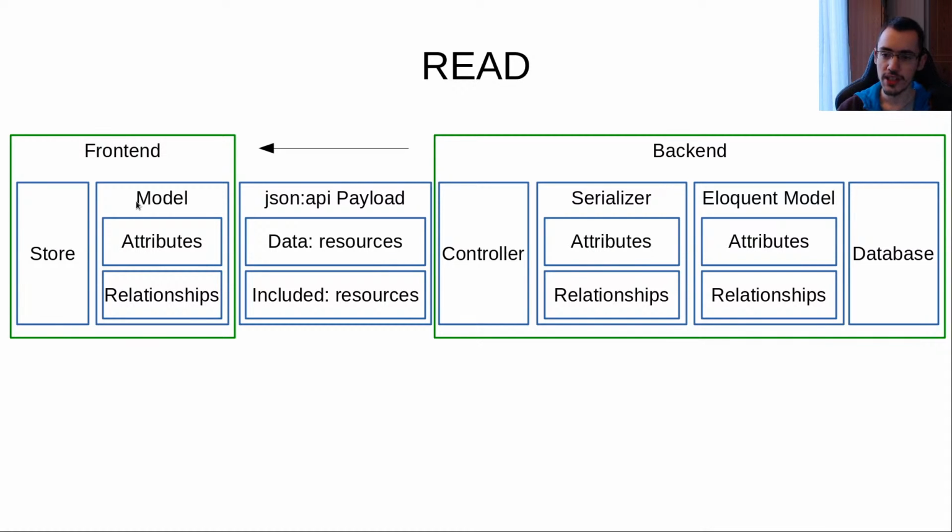Actually, you don't really have to put it, the store and model, it's optional. You don't really need to put the data inside of it, but Flarum will automatically do it if it can, and it's very useful. So basically, if you have a resource inside of the JSON API payload, you will usually map it to a model. And when you have something mapped to a model, automatically you can have it accessible from the Flarum store. So this side is JavaScript, and the other side is PHP.